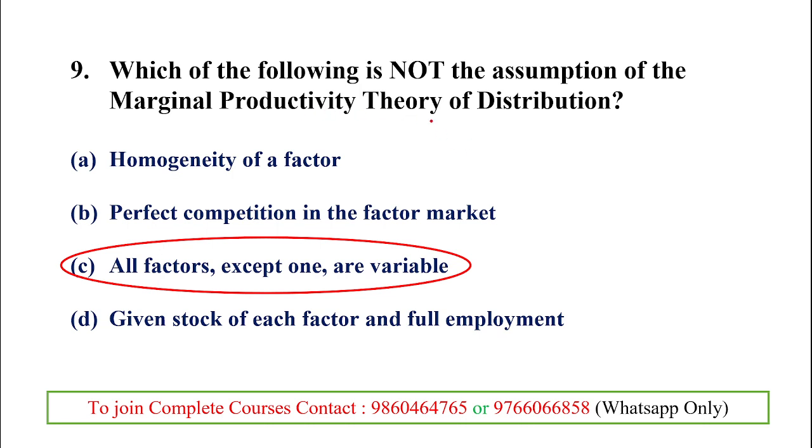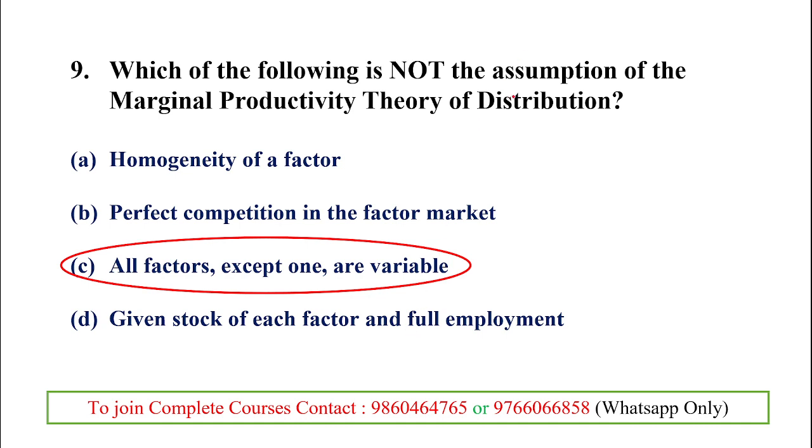So the marginal productivity theory operates in the long run. Homogeneity of a factor is an assumption, and perfect competition in the factor market is also an assumption, and so are the given stock of each factor and full employment. Here the stock of each factor is given, and also all factors are employed in the assumption.